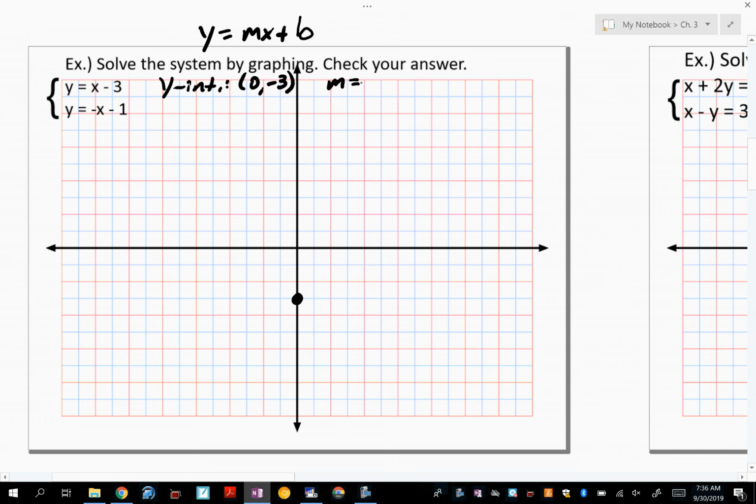There's nothing in front of the x, so it's 1. And if you want to write 1 over 1, that's fine too. So you're telling yourself to go up 1 and then right 1. Make sure you go to the right because it's a positive slope. So I'm going to go up 1, right 1, and put a bunch of points. And then down 1, left 1.